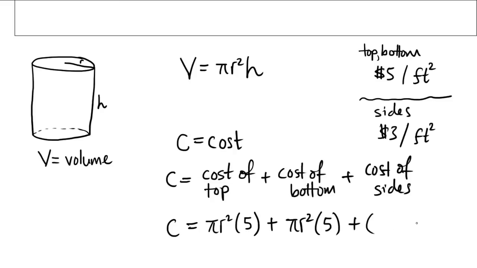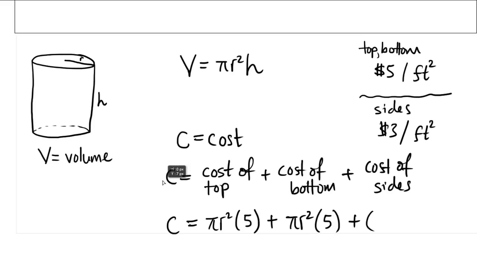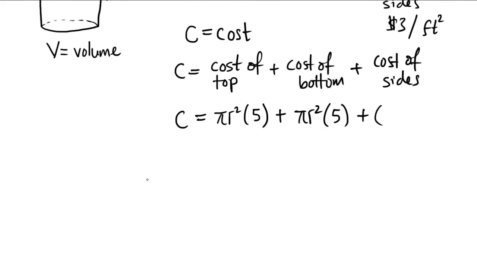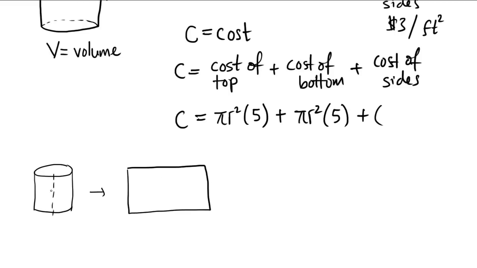Now the cost of the sides, that'll be a little bit more interesting. Do you remember the lateral area? If I have a cylinder, let me just do a little discussion over here quickly and then I'll erase it. Don't write this down. Let's say the cylinder is empty, there's no top or bottom, and I make a little cut here and unfold it. It comes out to be a rectangle, right? The height of the rectangle is the same as the height of the cylinder. How about this length, though?